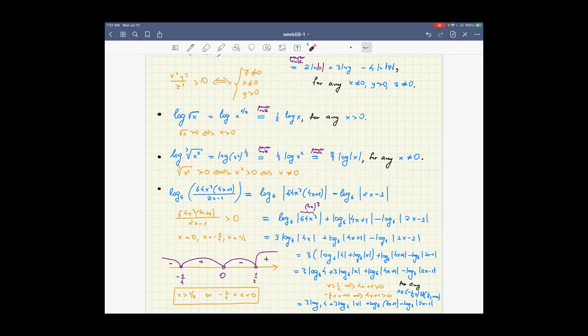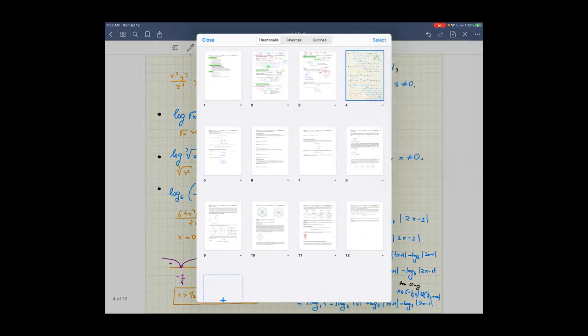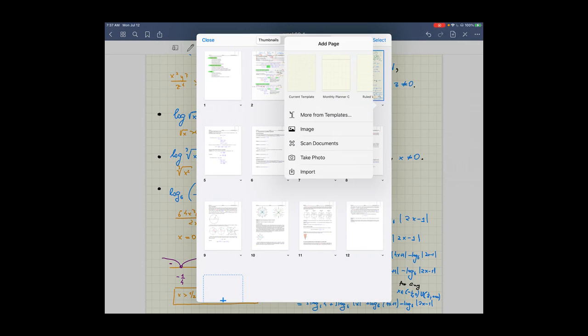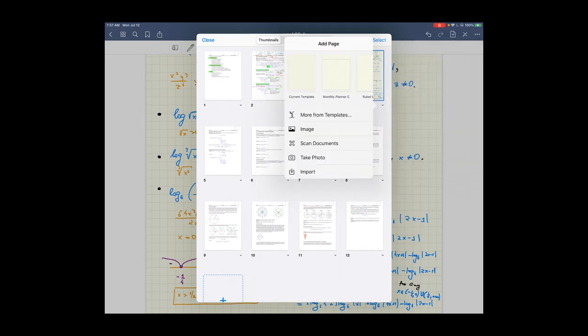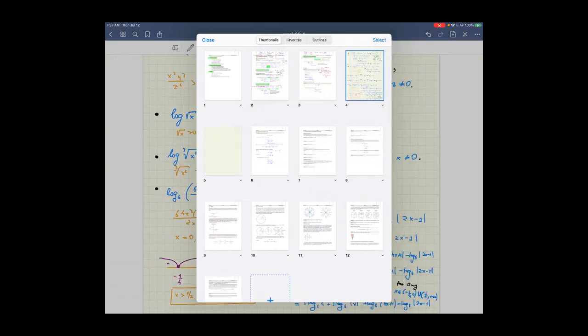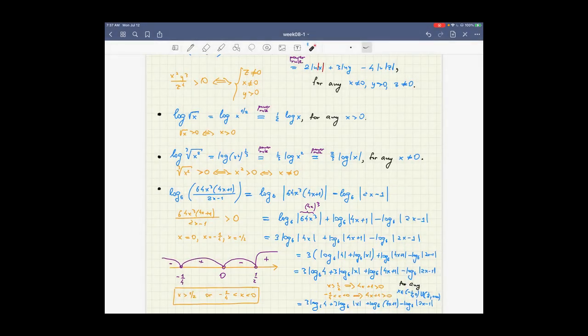right? If I take the same problem and start solving it again with different restrictions, right?